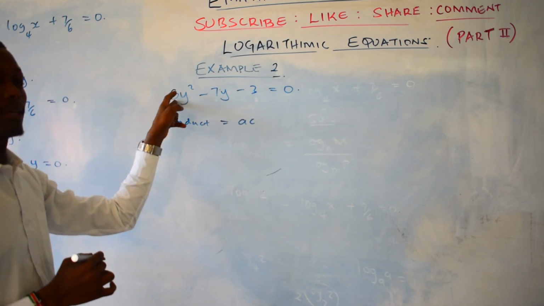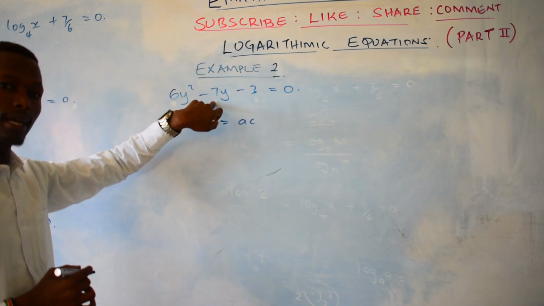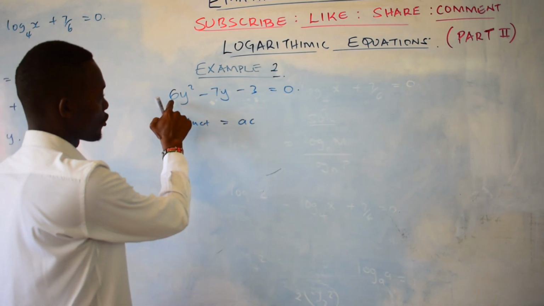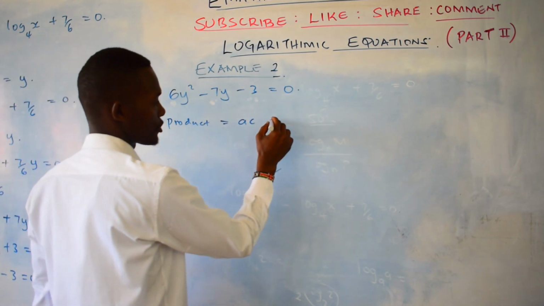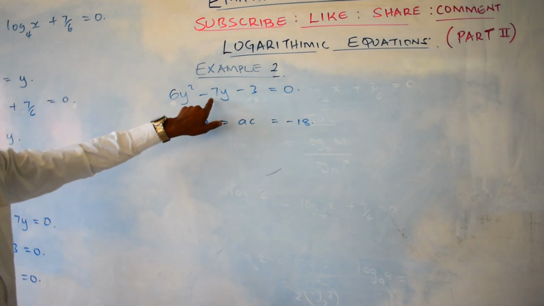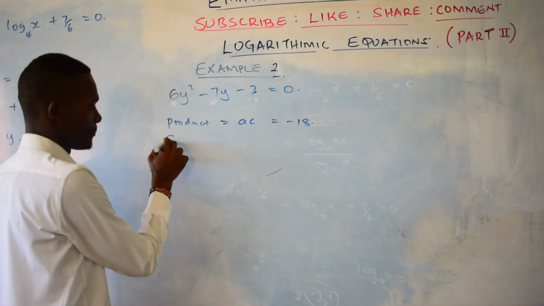So our number A is 6, our number B is negative 7, our number C is negative 3. So therefore, our product will be 6 times negative 3, which will be negative 18.